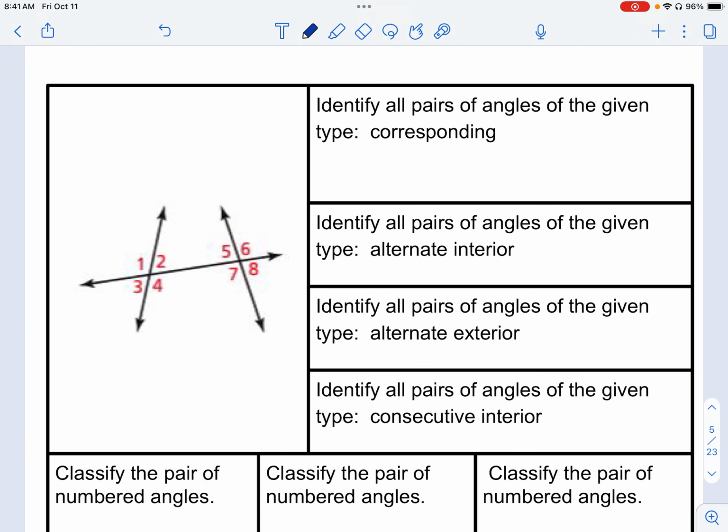So all the pairs of angles of the given type: corresponding. Same side of the transversal, same relative side of the lines. So here our transversal is right here. Same side, same relative position to the lines. So angle 1 and angle 5. Angle 2 and angle 6.